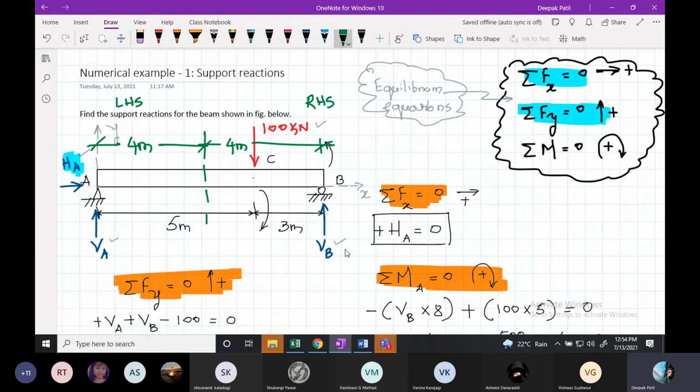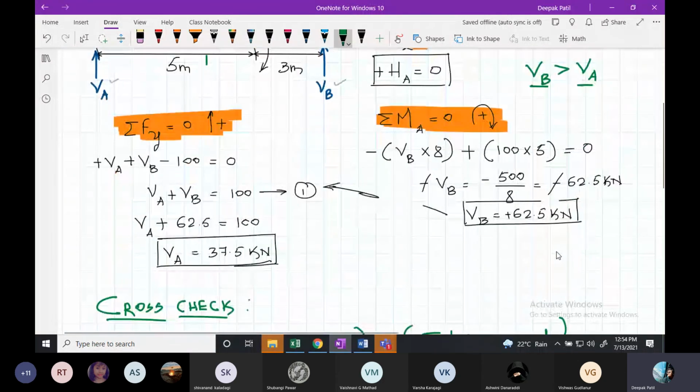So your VB reaction should be more than the VA reaction. I will repeat once again. Since the 100 kilonewton is falling on the right hand side of the beam, the VB reaction should be more than the VA reaction. Let us check whether it is OK or not.